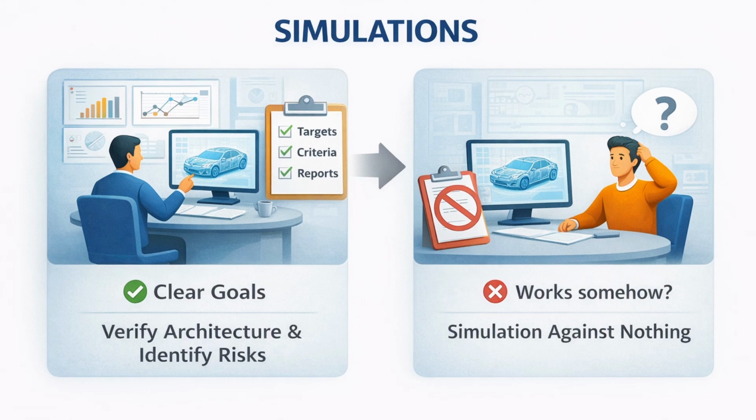Here, it's essential to clearly define the targets of the simulations and calculations, along with pass-fail criteria. Too often simulations are performed just to see how it works, without a clear objective. This is simulation against nothing and should be avoided. Also remember to produce reports out of simulations and calculations as a basis for further decisions.